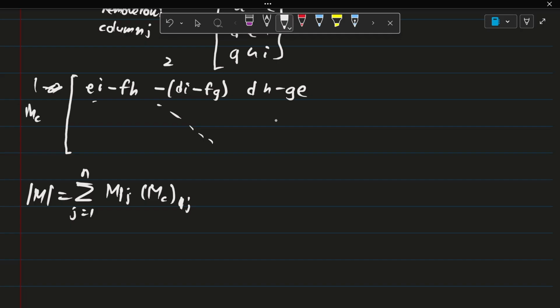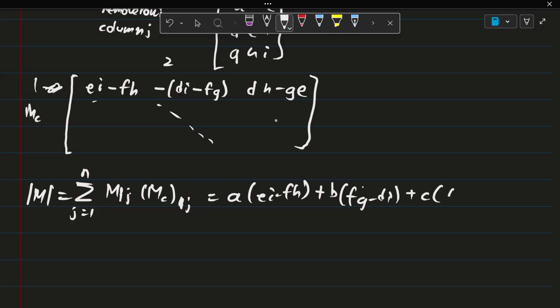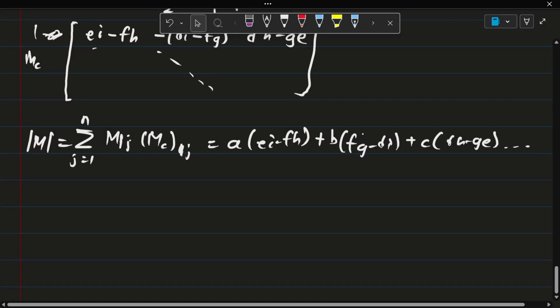So you take M_1j, starting from 1: M_11 is A. Multiply this by the cofactor C_11, which is EI minus FH, and then you add B, which is M_12, and negative, so it's FG minus DI, and then lastly you have C times DH minus GE, and so on for n by n. And this is the determinant.